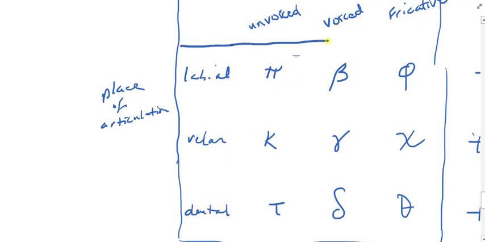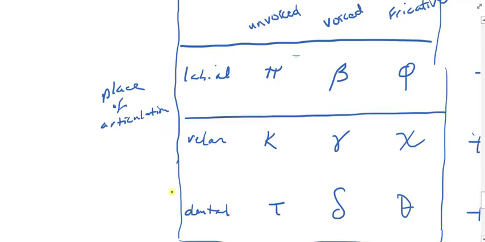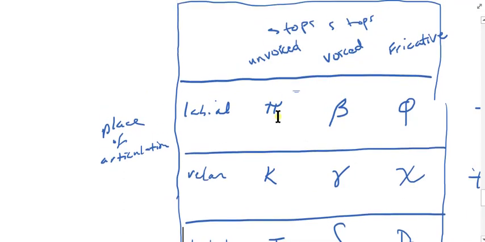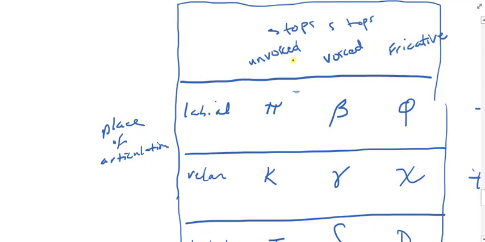Okay, so we'll go ahead and make our lines here. And then going from top to bottom, remember we talked about voiced and unvoiced. If something's unvoiced, that means what? You don't vibrate the vocal cords. Voiced means you do.